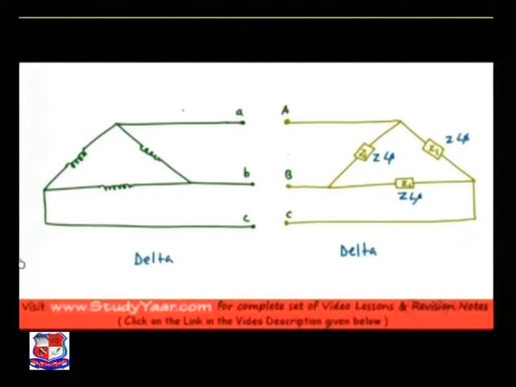These are my transmission lines, and my load is connected by simply joining this to my transmission lines. Now I have a delta connection which I would like to analyze for line and phase quantities.